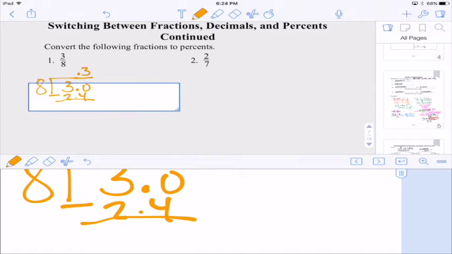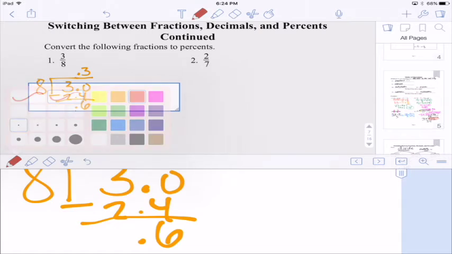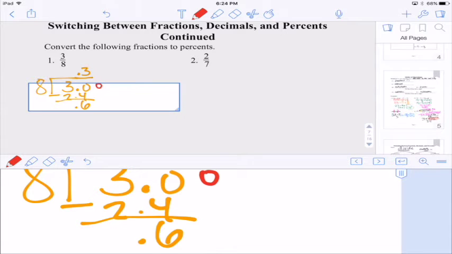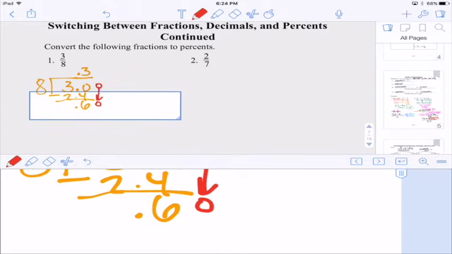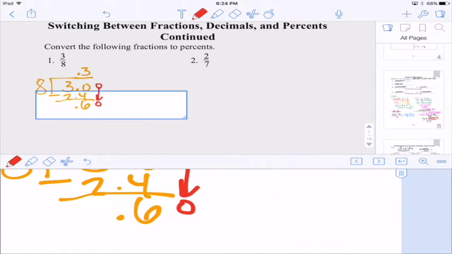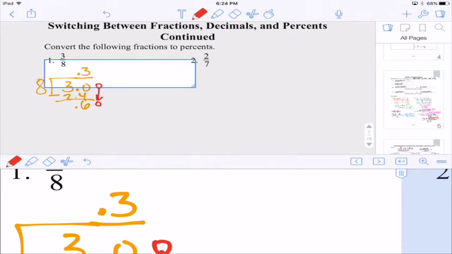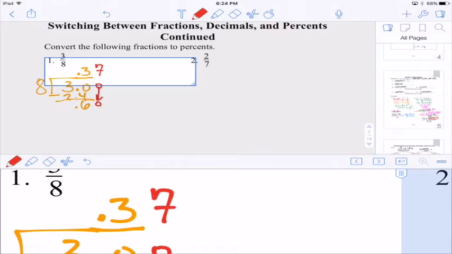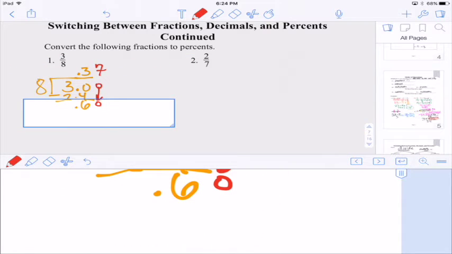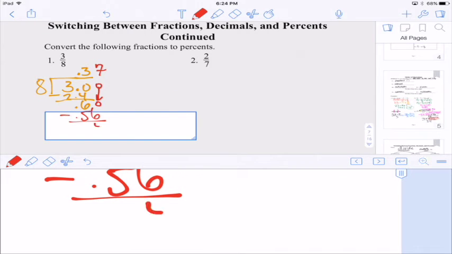So what do we get? We get 0.6. Then we want to keep going. So let's bring a 0 down. And now we want to get 8. And what can we multiply 8 by to get 60? Well, let's multiply 8 by 7. 7 times 8 is 56. Now we could subtract, and we get 4.